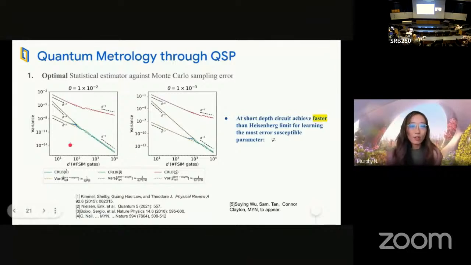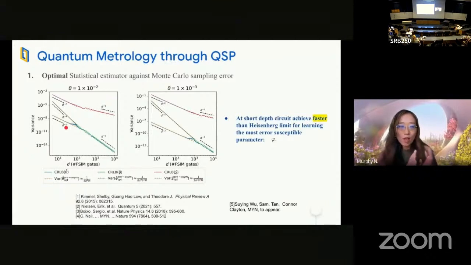And here we show the comparison between the Cramér-Rao bound, which is the solid line, and our performance, which is on top of the dashed colored line.